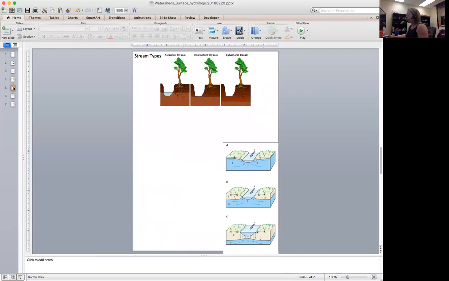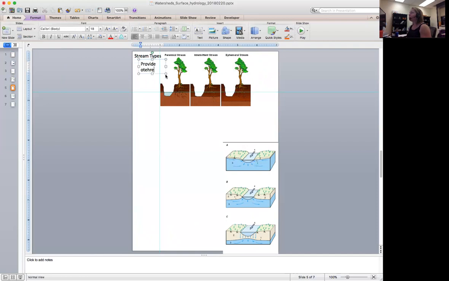So when we think about streams themselves, there are a couple of types of streams that we need to take a look at, and we need to be able to distinguish our stream types to different people, because it gives people an idea of what time of year it flows, how important groundwater inputs are to it, which helps us to understand a little bit more about the chemistry of what that stream looks like.